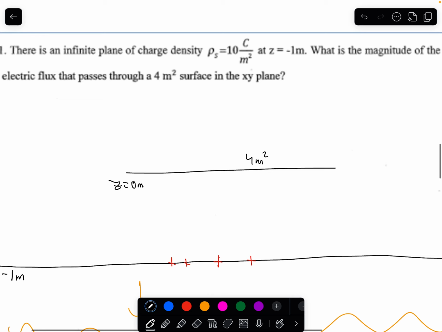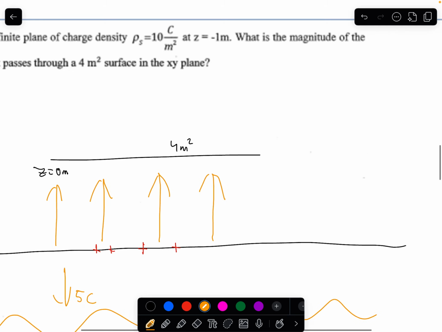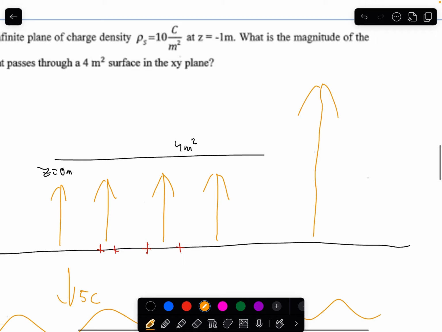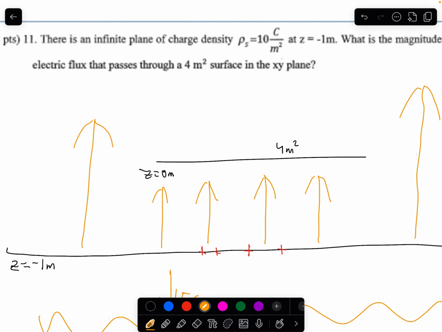If you have 4 meters squared sitting here, that means you're going to cover a square worth 4 meters with the surface. And similarly, you're going to have that same amount from the infinite field, because anything outside of that 4 meters is going to just go past, and it will not be going through our surface, which is really what matters.